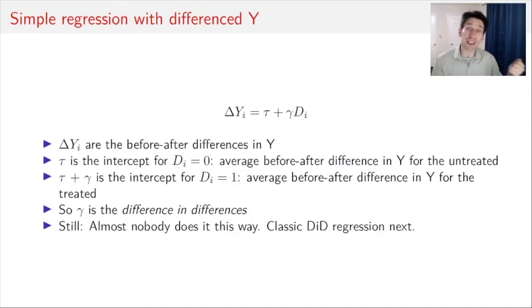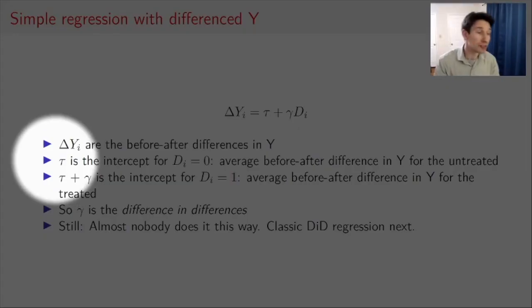So we have all the delta y's, which are the before-after differences in the y variable. Now we regress this and we get tau, which is the intercept for the group that has d_i equals 0, the non-treated. So this is the average before-after difference in y for the untreated. Now when d_i equals 1, the equation becomes tau plus gamma, that is the intercept for d_i equals 1, and so that is the average before-after difference in y for the treated.